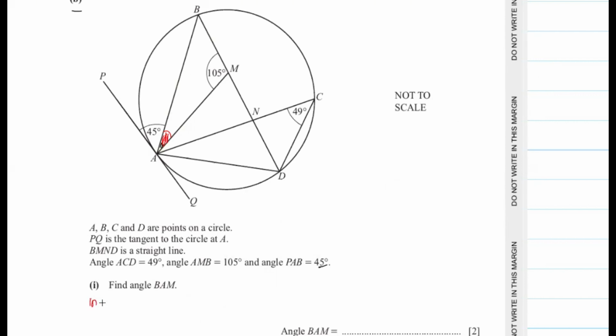In triangle ABM, the angle AMB is 105, and angle B, and the angle BAM we have to calculate. If we calculate this angle B, we can calculate the angle BAM because the sum of interior angles of the triangle is 180. Firstly, we calculate the angle B.